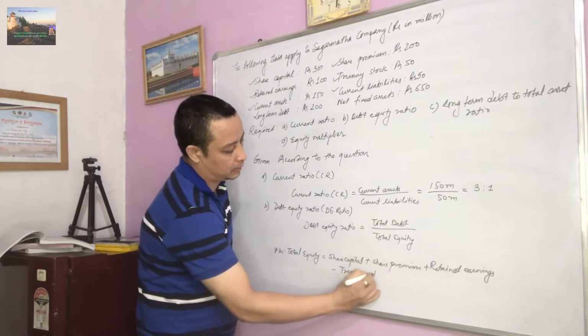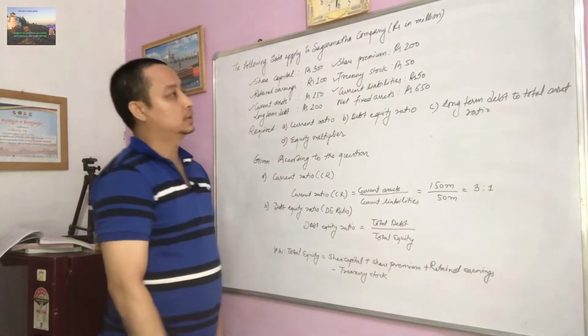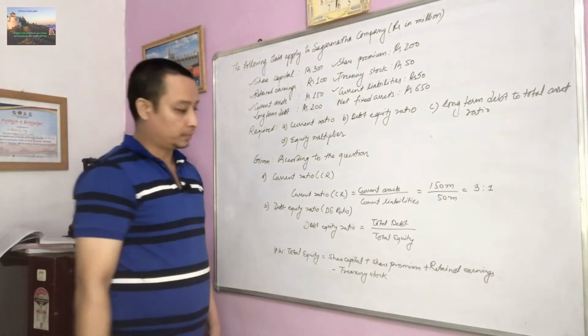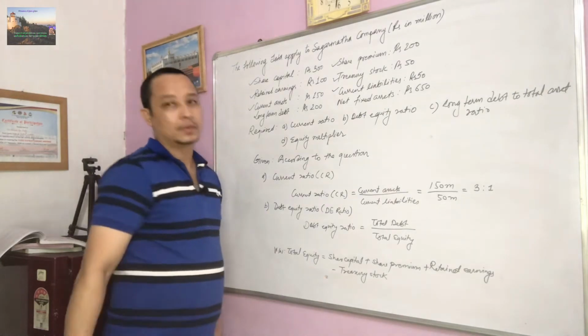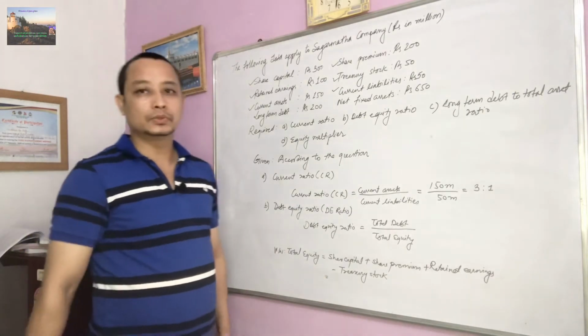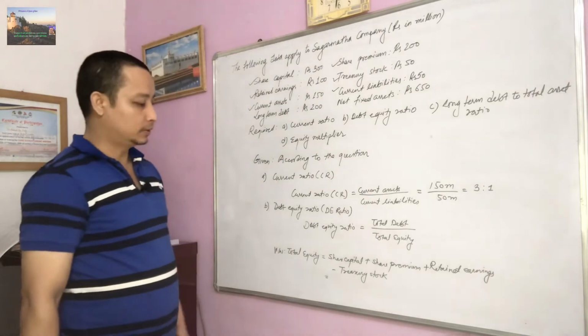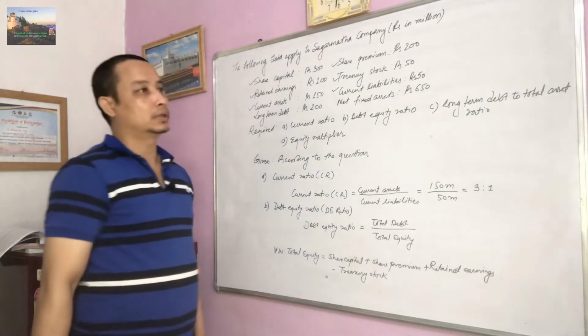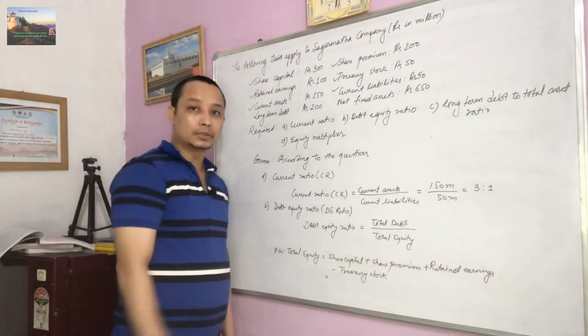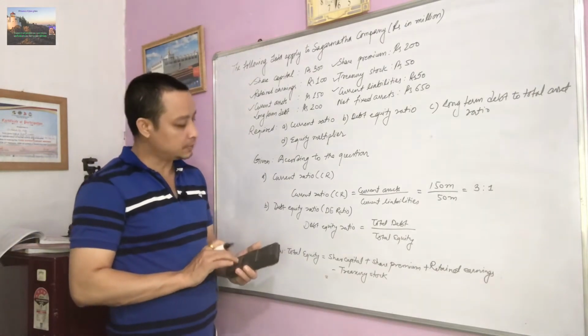You have to deduct treasury stock because it is the shares which is being repurchased by the company. The company has repurchased its own share from the share market, so it remains as a treasury stock. So you have to deduct the treasury stock from the shareholder equity, or you can say total equity. So now let's put the value.